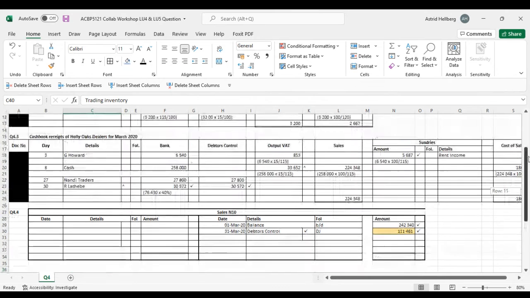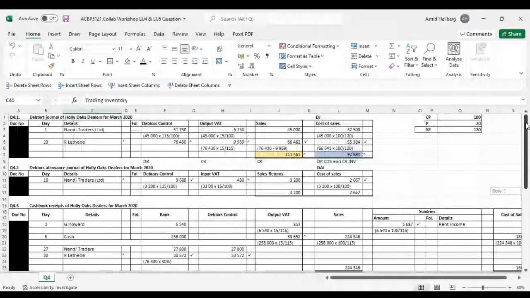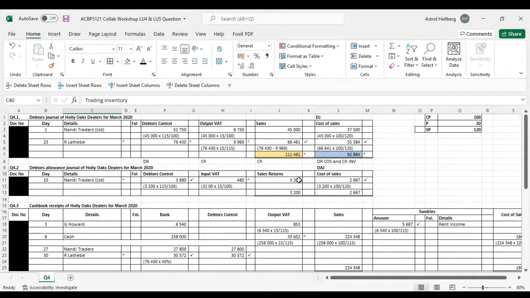Then if we move on to the second journal, which is our debtors allowance journal, you'll see the one is a sales return and the other one is cost of sales. Now, sales return, we eventually take to the sales account once we close it off.